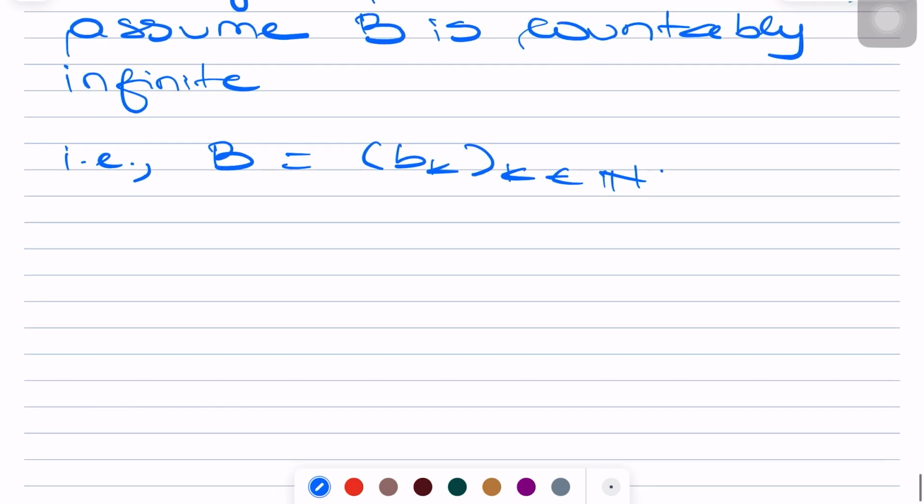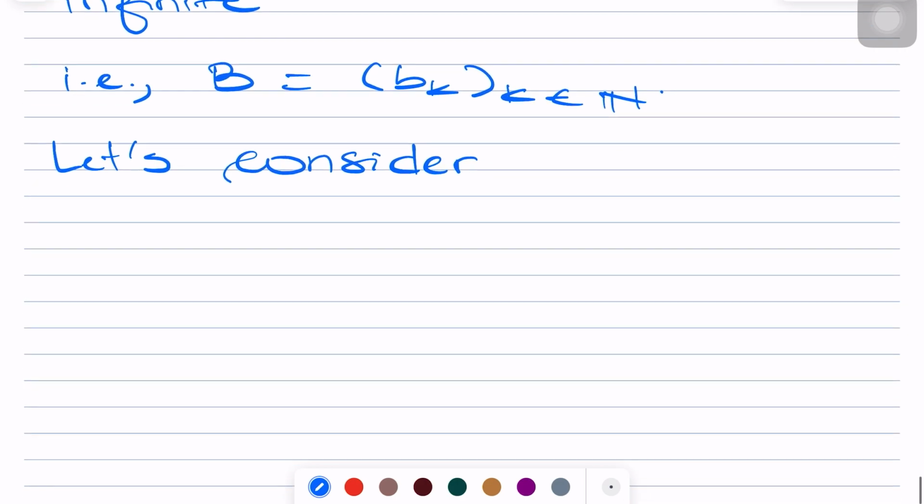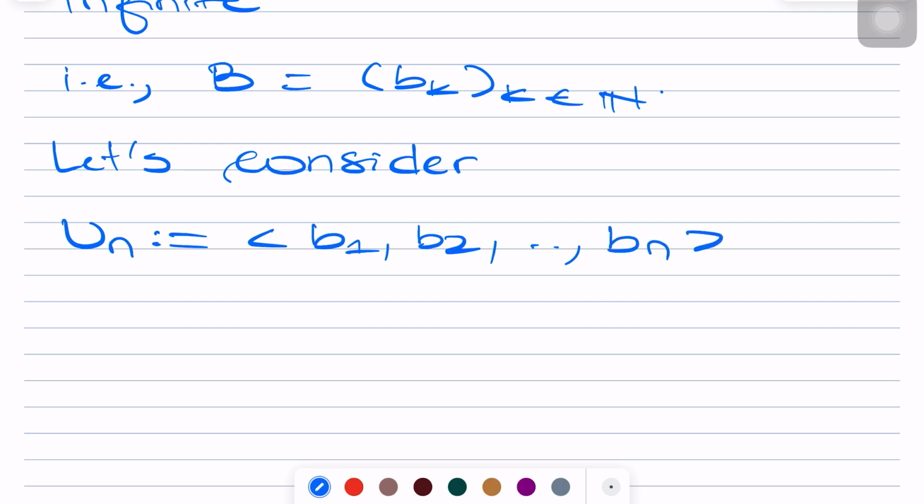The proof is a bit constructive, but it's not difficult. Let's define U_n to be the span of b_1, b_2, up to b_n. This is just my notation for the span. Whenever you see this expression, just know that it refers to the span of the vectors b_1, b_2 up to b_n.